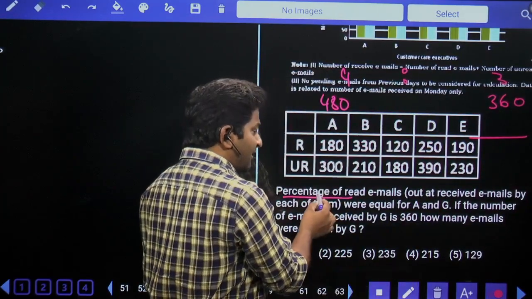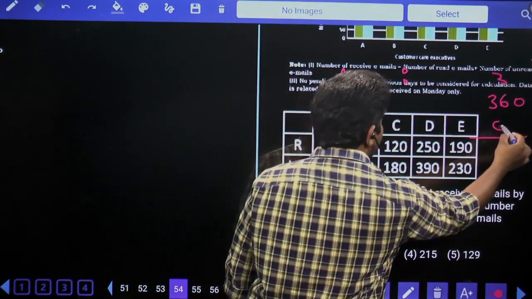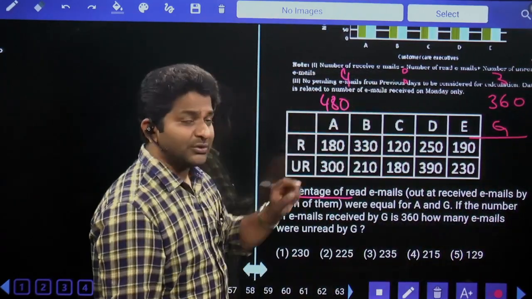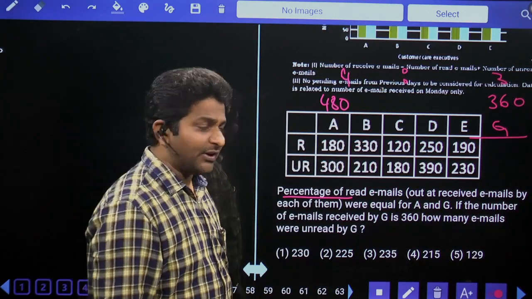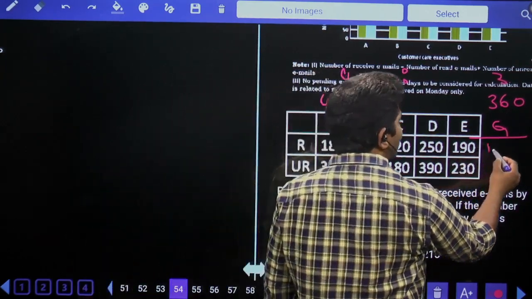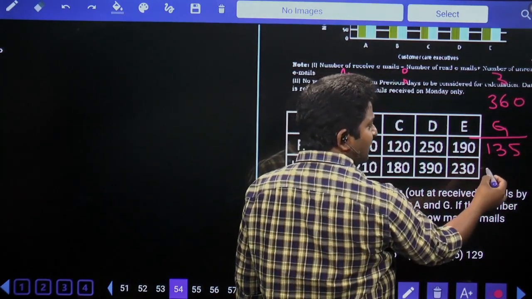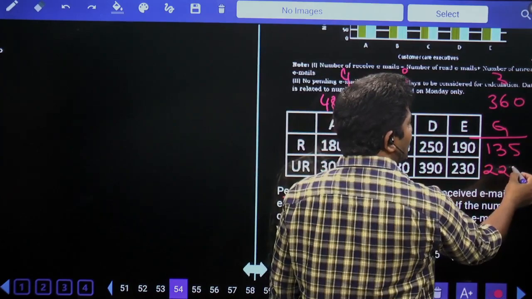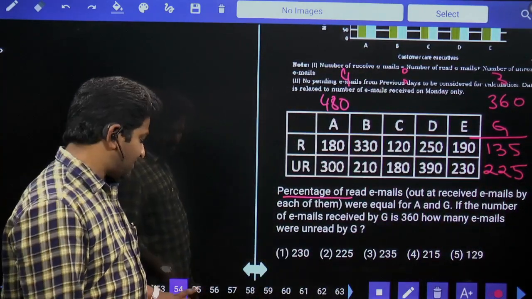So even if the percentage is the same, read emails for A and G also should be in the same ratio 4:3. If 4 parts is 180, 1 part is 45, 3 parts is equal to 135. Then unread are 360 minus 135, that is equal to 225. 225, second option is our final answer.